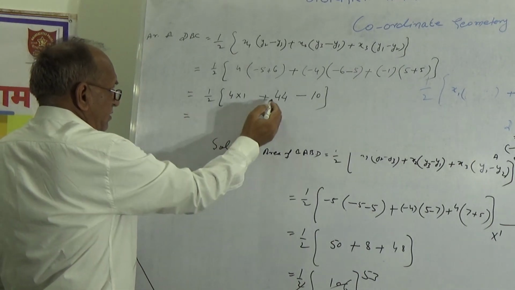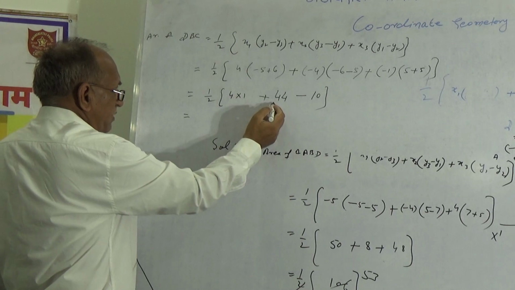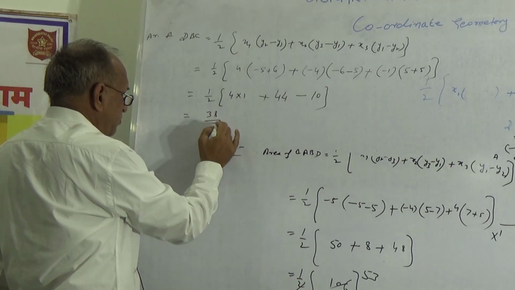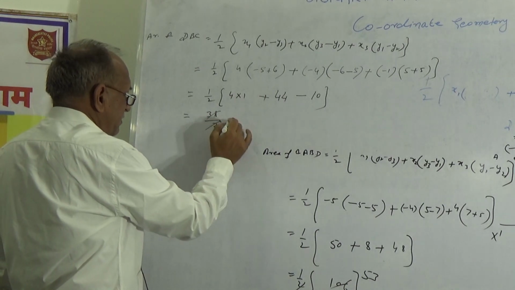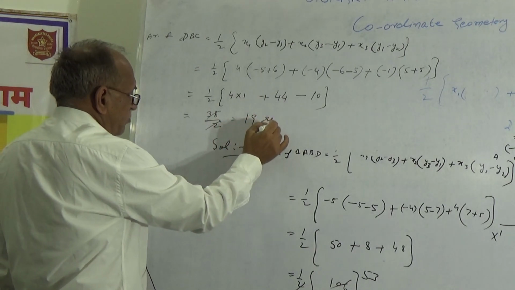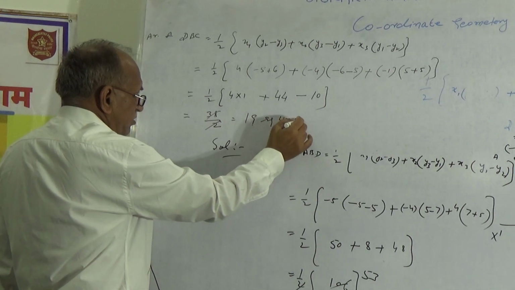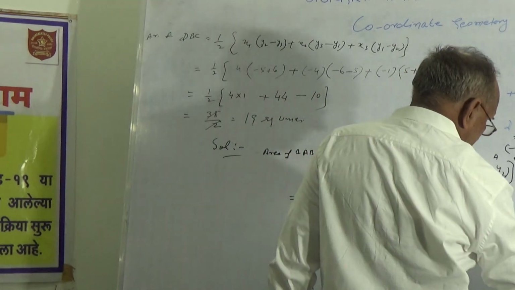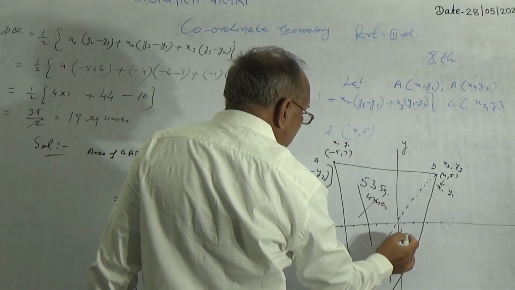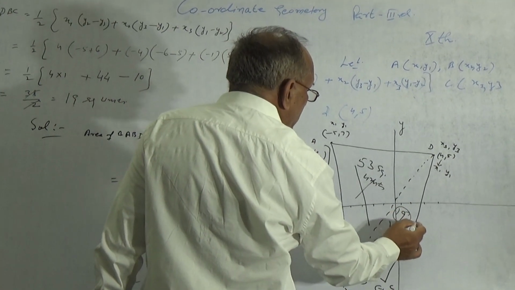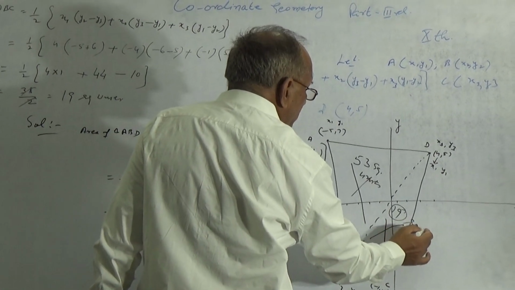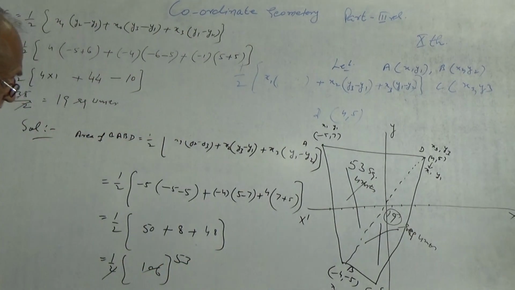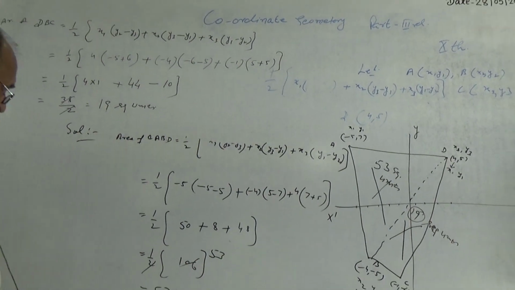Again adding these two, 48 minus 10, 38 divided by 2 cancel is equal to 19 square units. Therefore, we find the area 19 square unit, area of the triangle DBC.